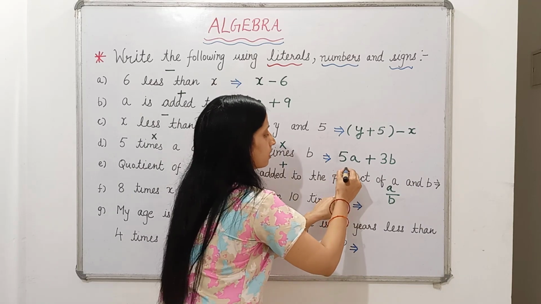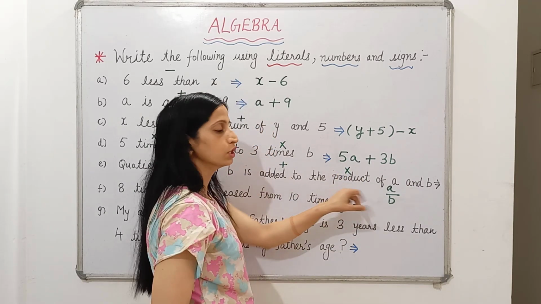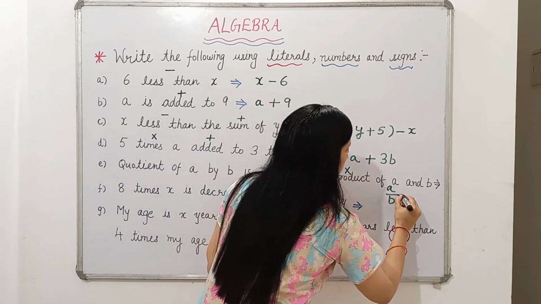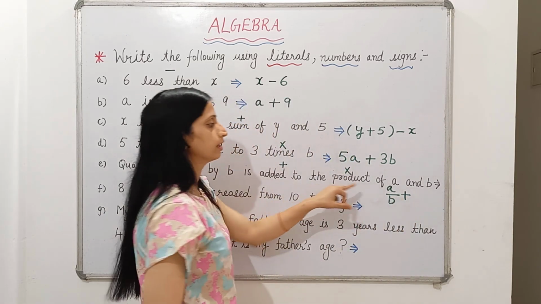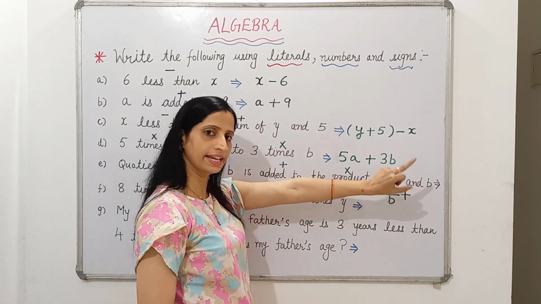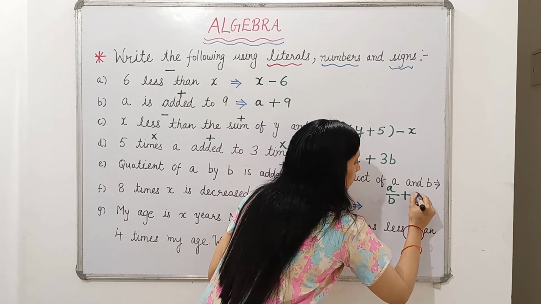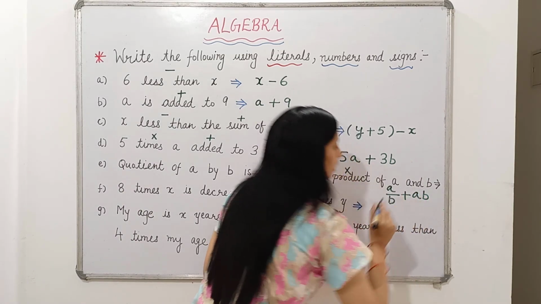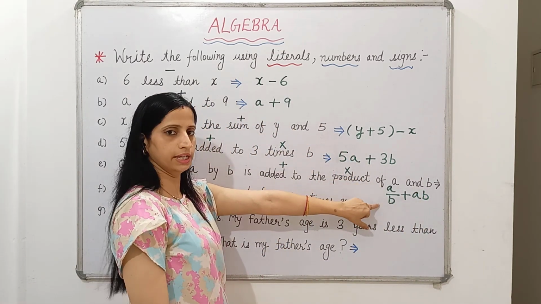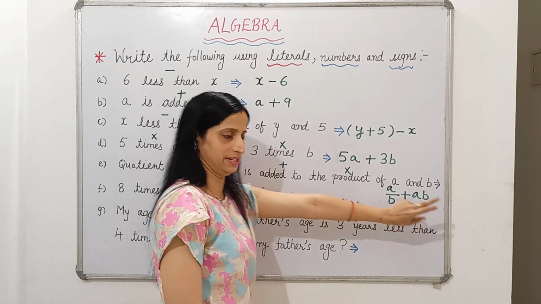Product means the sign of multiplication, so the product of a and b will be ab. The answer will be a upon b plus ab.